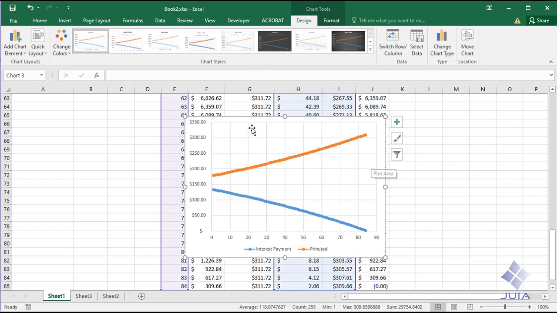As you can see, even in the graph, this is the payment of principal and this is the interest. As we go further to the end of your loan term, the interest payment is dropping and principal is increasing.